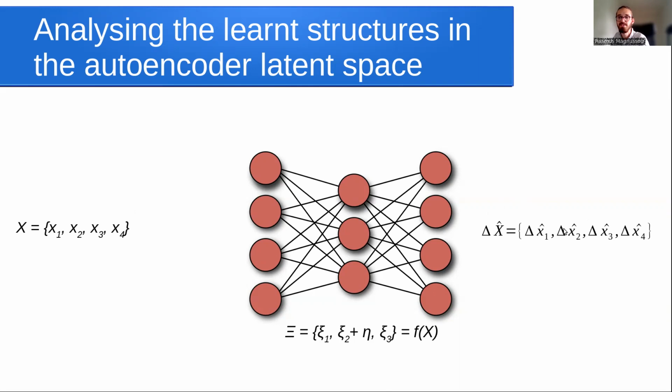And you can see if this variable has changed a lot because of this eta, you know that x2 has really something to do with this hidden node here. So it's a way of extracting patterns that are quite hard to get from the latent space.